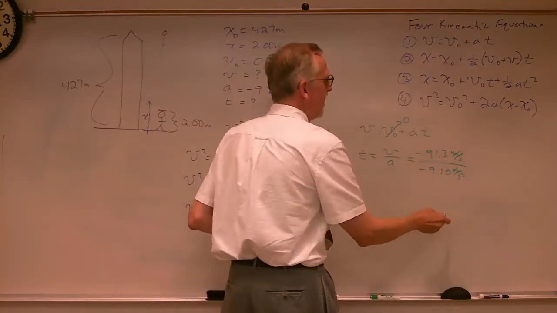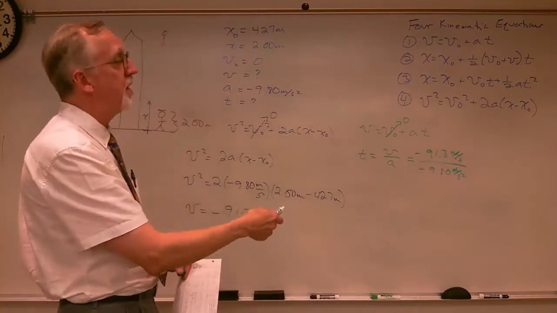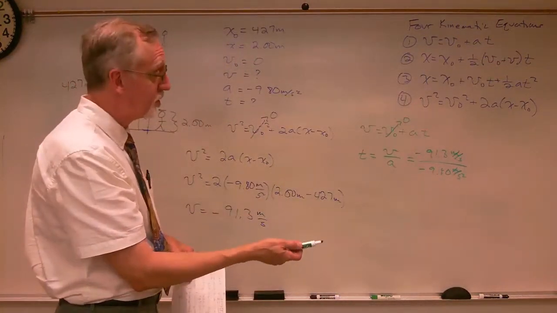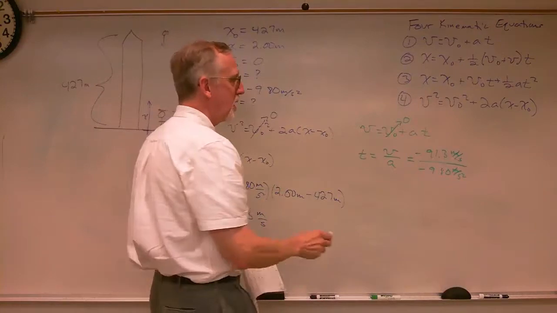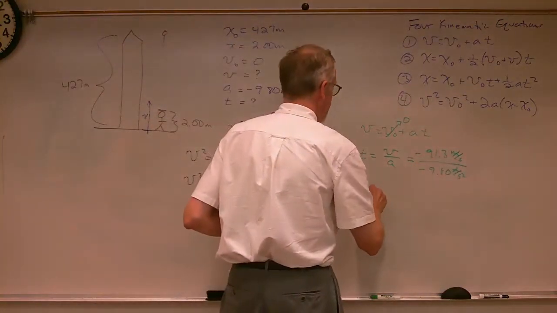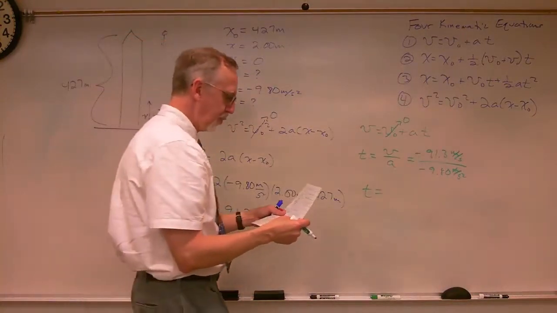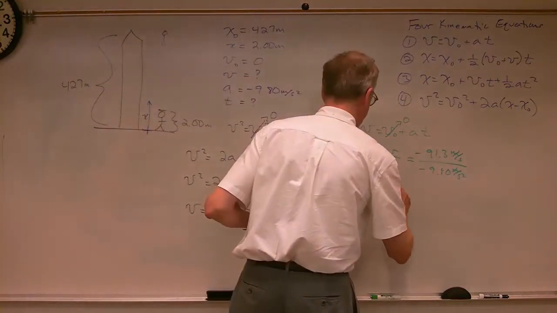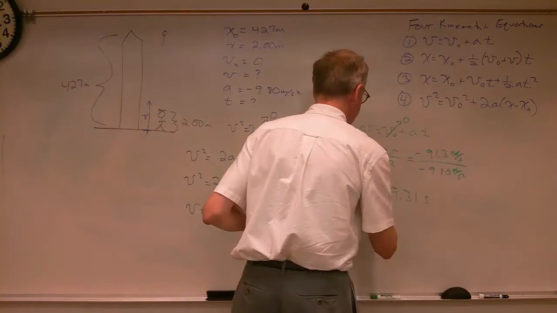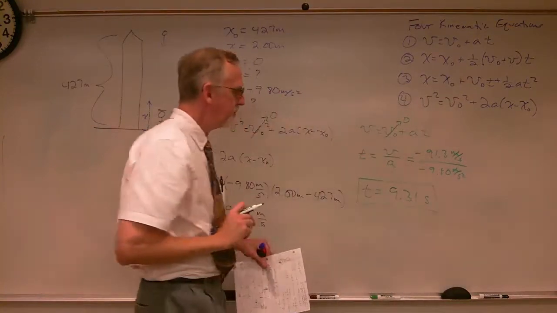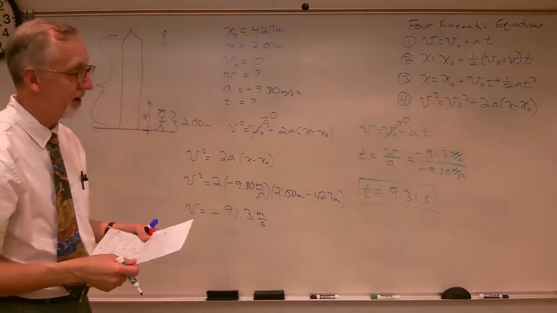Meters cancel, bring second squared in the denominator. From inverse second squared, bring it up, that makes it second squared, cancels one of the seconds, we end up with the time in seconds, and the answer turns out to be 9.31 seconds and positive. There we go. There is our final answer.